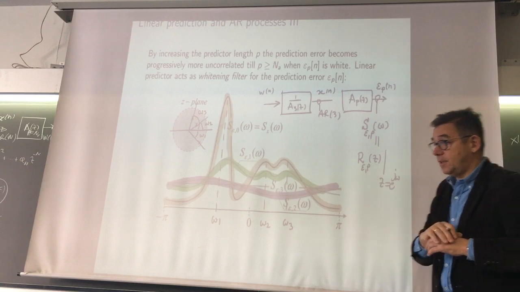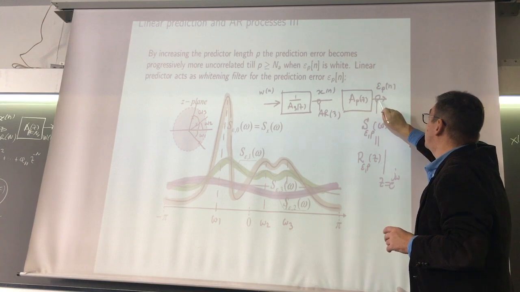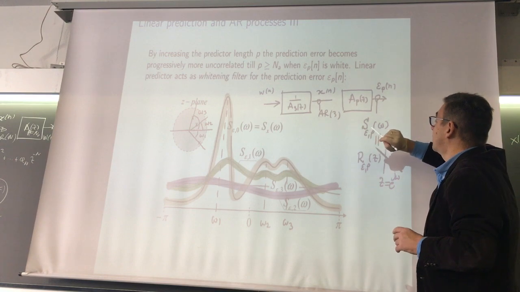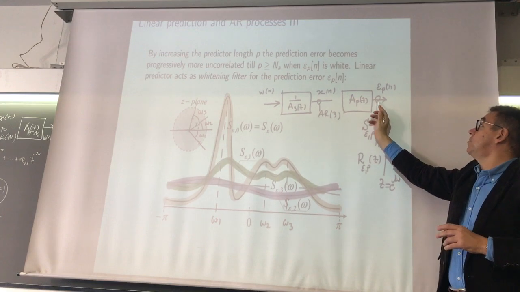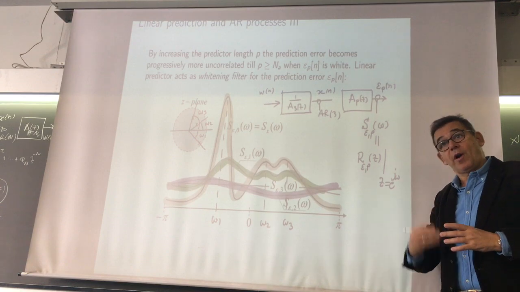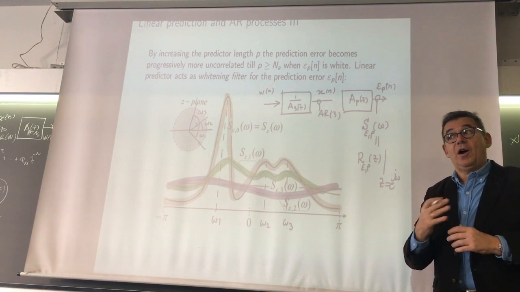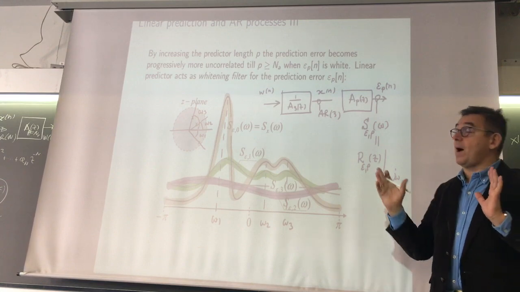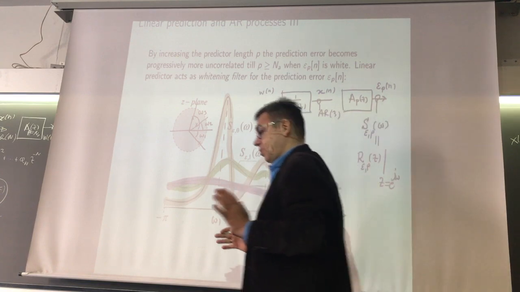Now, in theory, a very easy way to look at the property of the autoregressive random process is that rather than measuring the correlation property, it's easy to measure the power of the error. So what I expect is that the more I increase the linear predictor, the more there is to predict. Up to a certain point when there is no more to predict, then my power here is not changing anymore. So, this is what I expect.